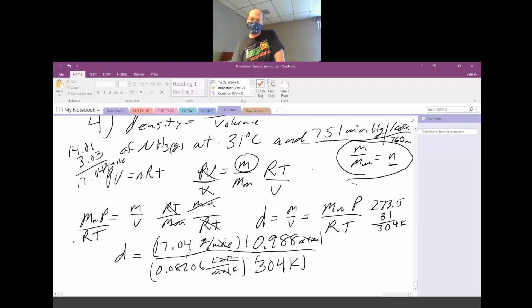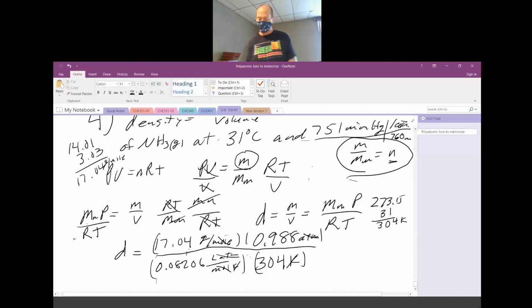And so then Kelvin cancels Kelvin. Degrees Celsius would not cancel a Kelvin. So you take your pressure times your 17.04 divided by 0.08206. And then why people will miss this is you push your divided by button again on your calculator, 304. All right, and that will give you a density of 0.675 grams per liter.